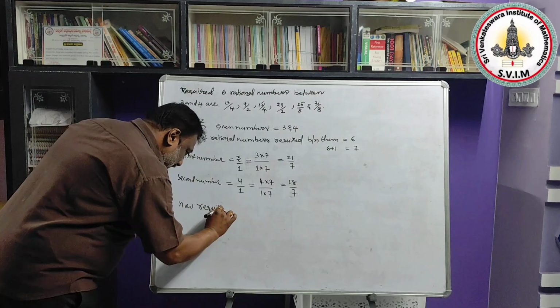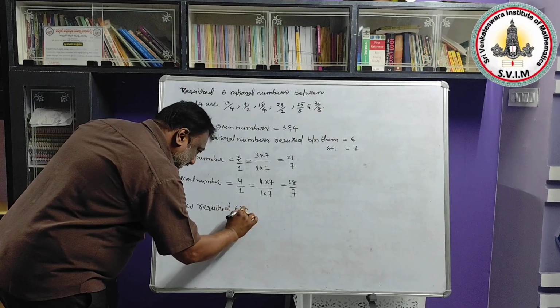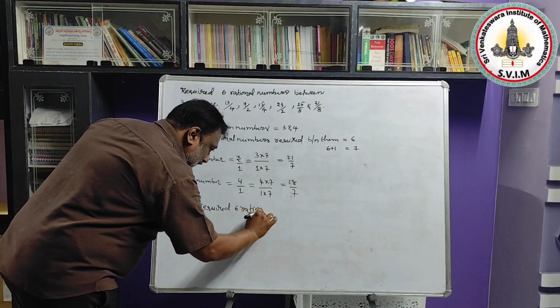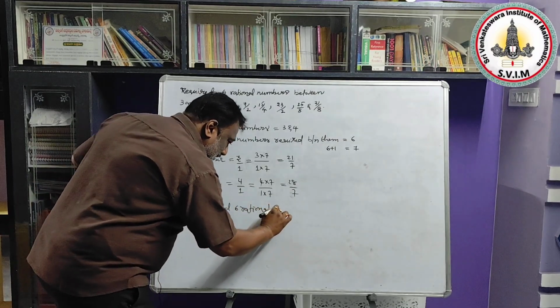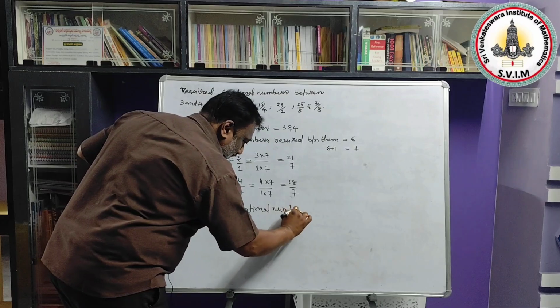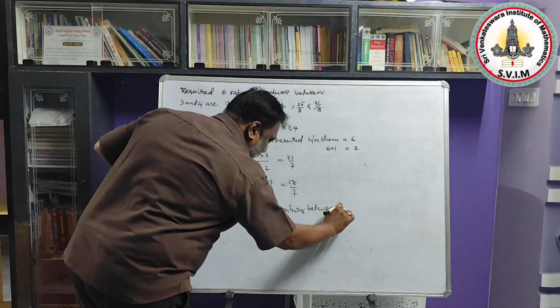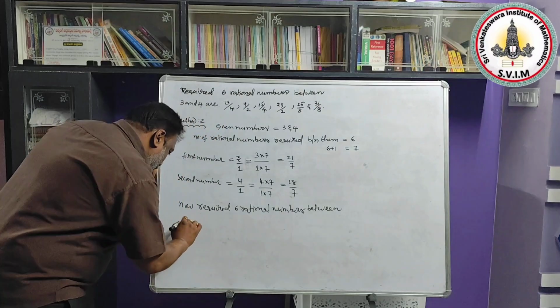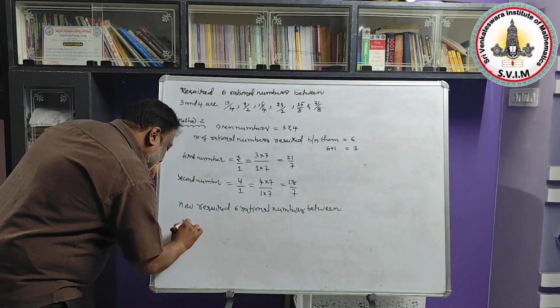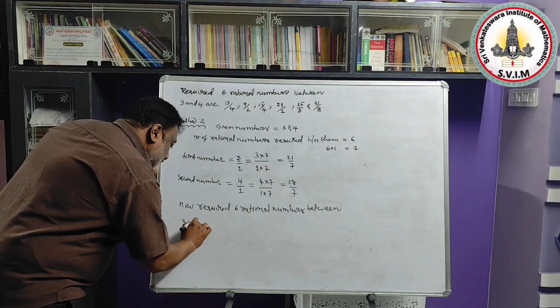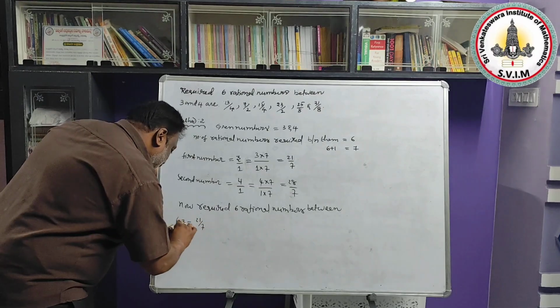Yes. Now, the required 6 rational numbers between 3, and 3 is nothing but what? 21 by 7.